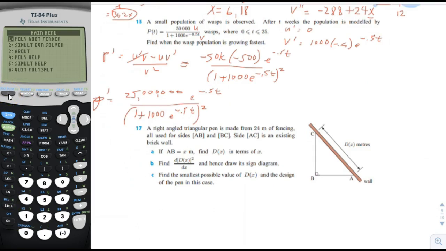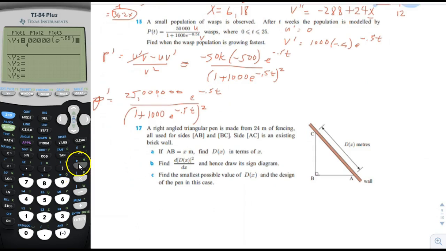We'll put y equals, and then we're going to program that in here. So we're going to put 25 million times e to the negative 0.5 x, because they don't have t, right?